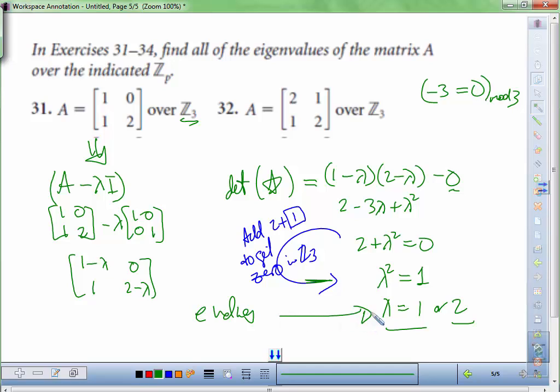We got an eigenvalue of 1 and an eigenvalue of 2. All right. They didn't ask for an eigenvector, so let's just not worry about that. No, you can try to find it.